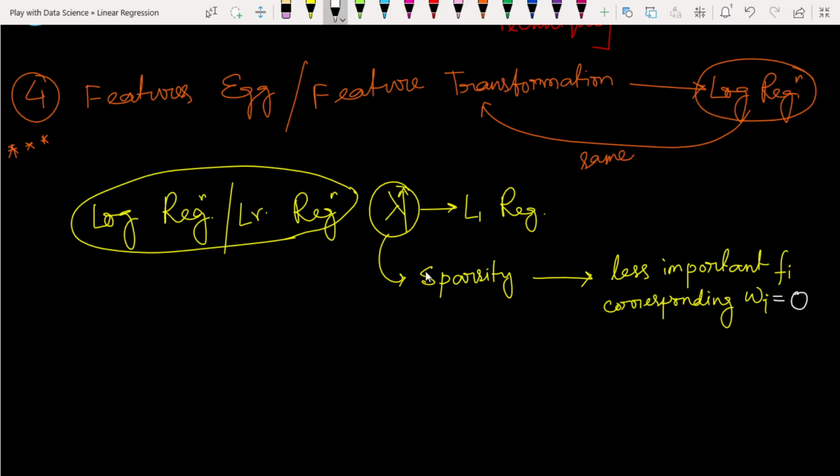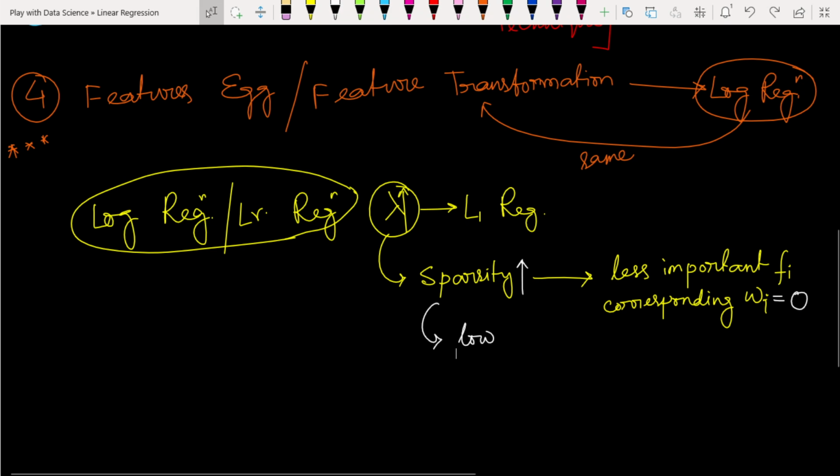So if lambda increases, sparsity increases, which means what? Low latency increases.